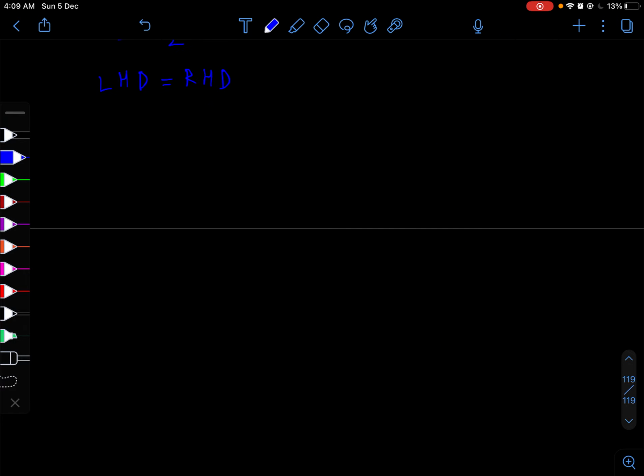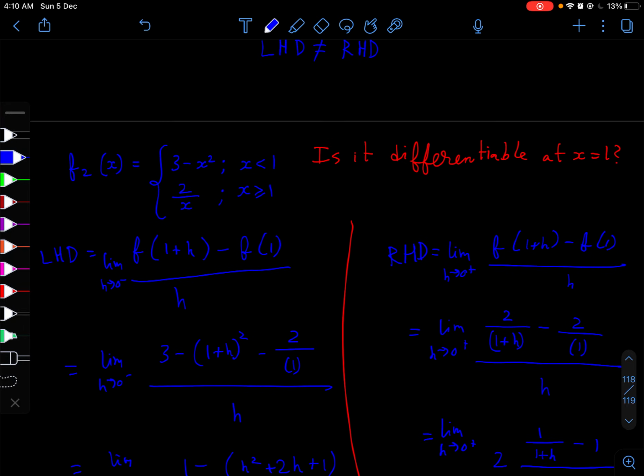Now we can also do this with the differentiation method, but for that first we have to check the continuity.